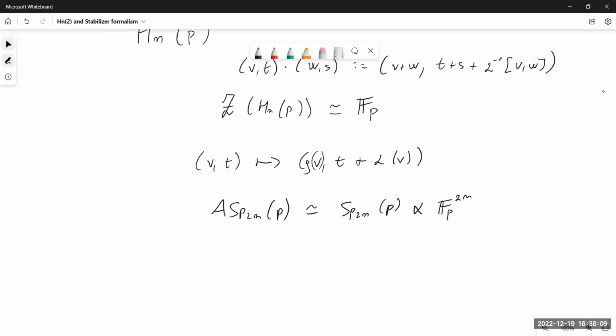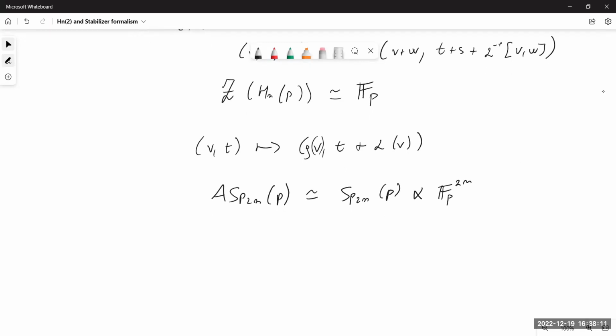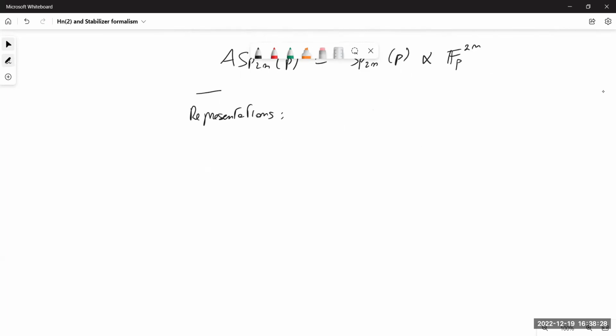So then we discussed the representations of the Heisenberg group, and to do that we introduced a function from the center of the group into the unit circle, which in group theory is called the character.